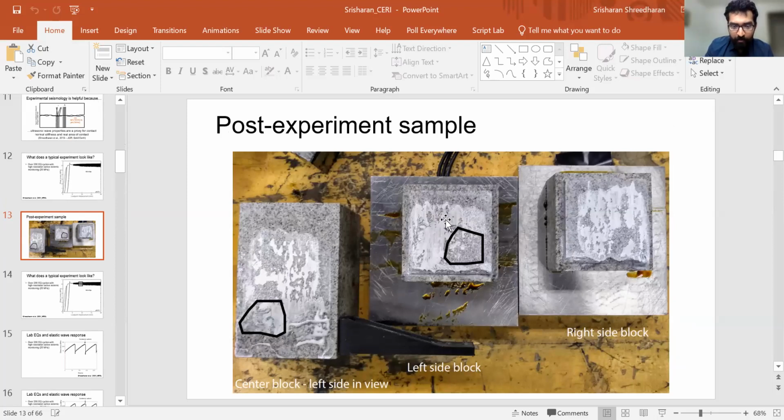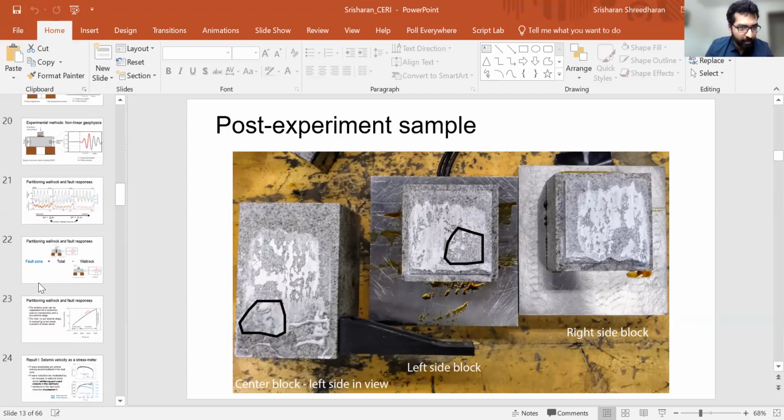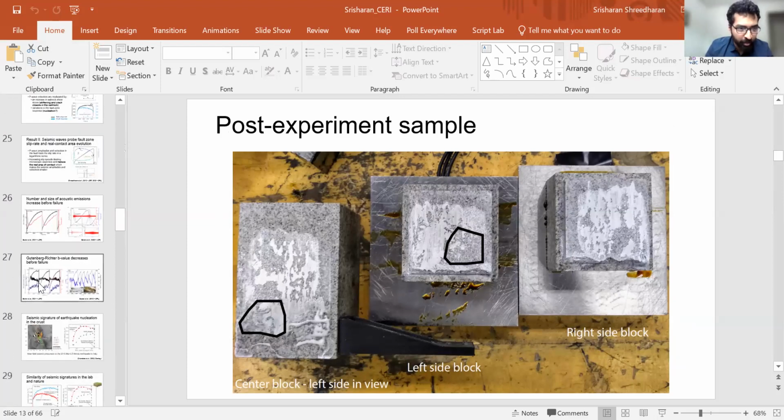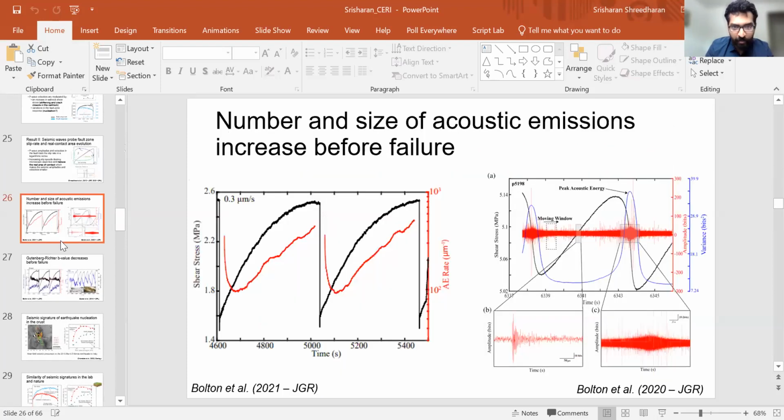In these experiments, I use 3 sensors. I have a P sensor, a vertically polarized S sensor, and a horizontally polarized S sensor, so it's basically like a triangle. There are some other experiments where you have a full array of sensors.